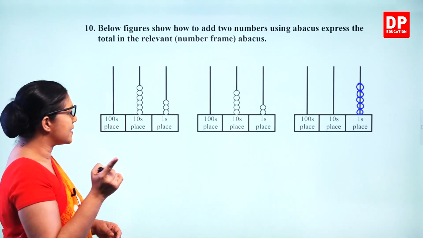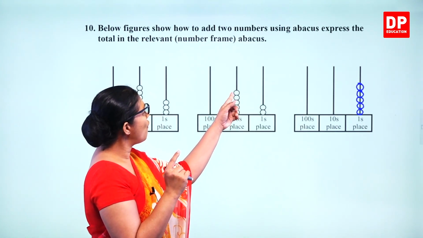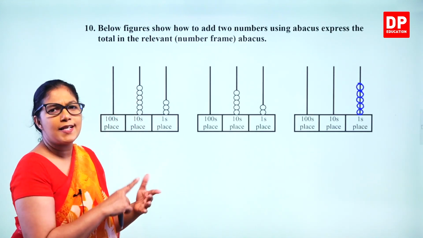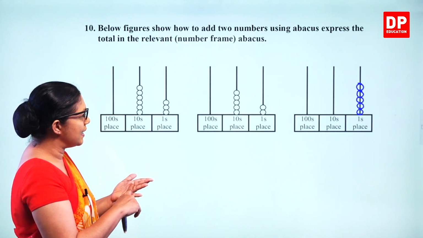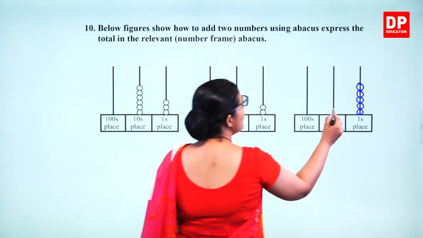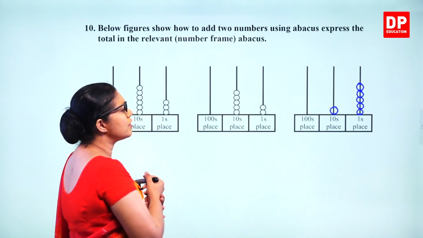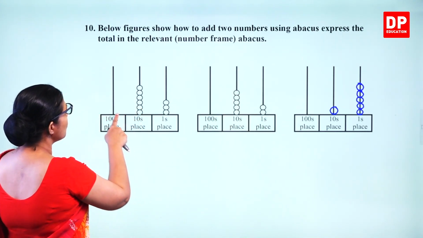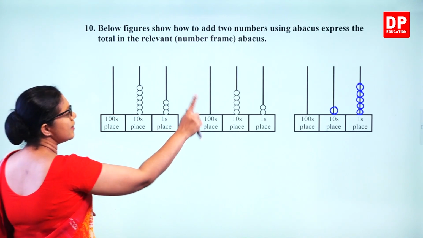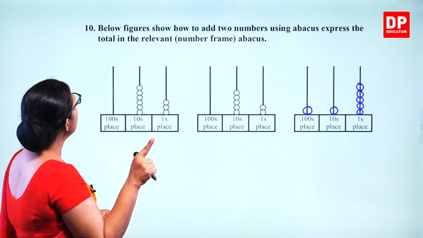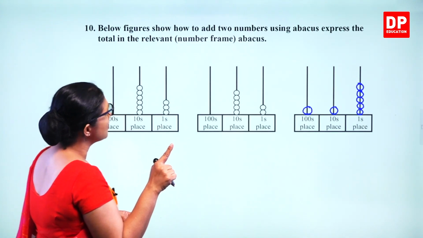Now the tens place. 1, 2, 3, 4, 5. 1, 2, 3, 4, 5, 6. 6 plus 5, 11. But you write 1 there and take 1 to the hundreds place. So nothing there, but 1 is there when you add. So that's the number. So what's the number actually?